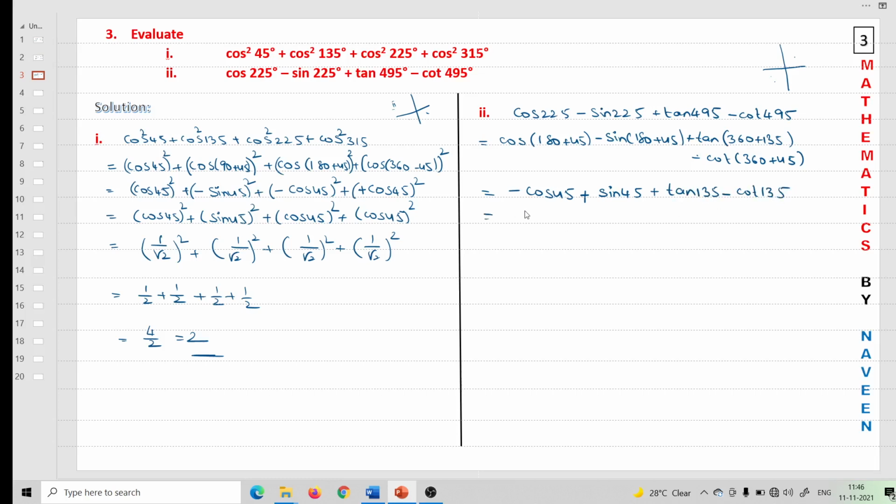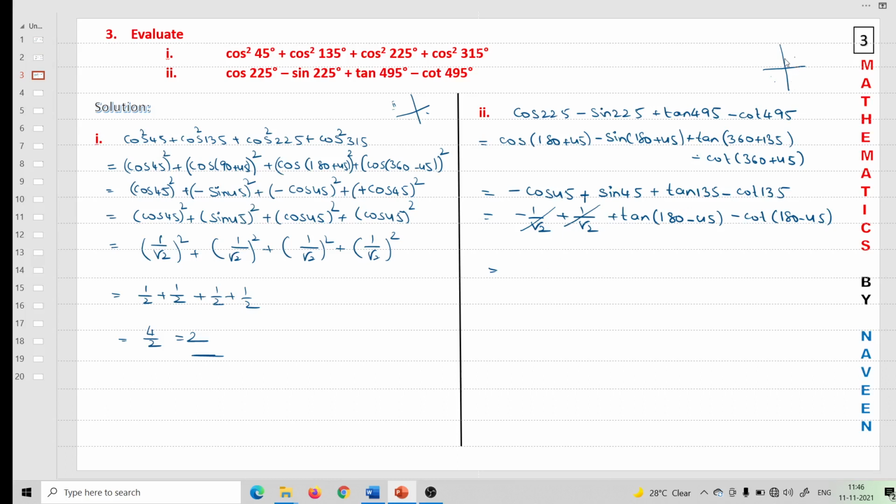Substitute the value here: minus 1 by root 2 plus 1 by root 2, plus this tan 135 can be written as 180 minus 45 or 90 plus 45, whatever it may be. So I am writing 180 minus 45, minus cot of 180 minus 45. See, these two get cancelled, we remain with only these two.